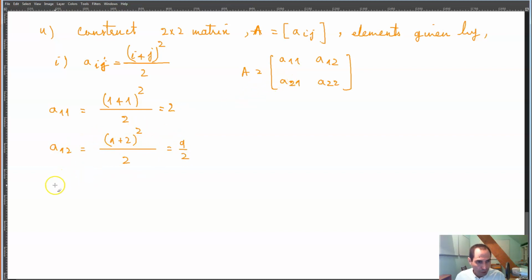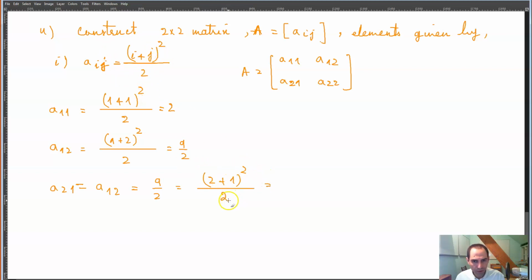Now A of 2, 1 is going to be equal to, it's again the same thing because you're just simply adding these together, meaning that A of 1, 2 is going to be equal to A of 2, 1, which is equal to 9 halves, because you would write this as 2 plus 1 raised to the second power divided by 2 based on the formula.